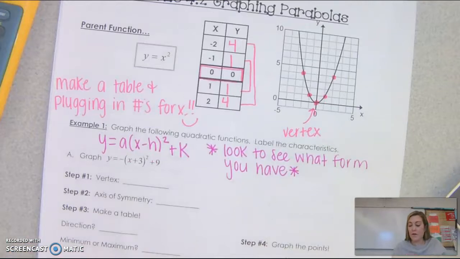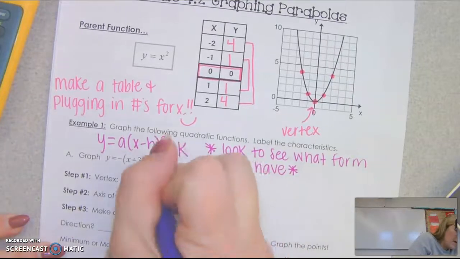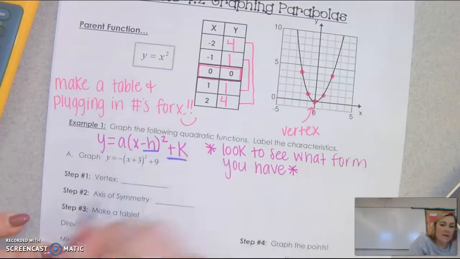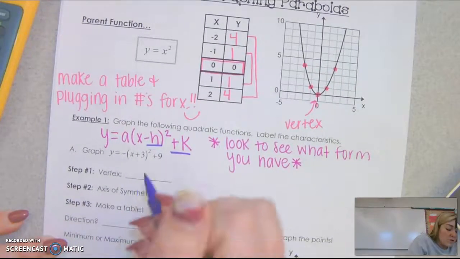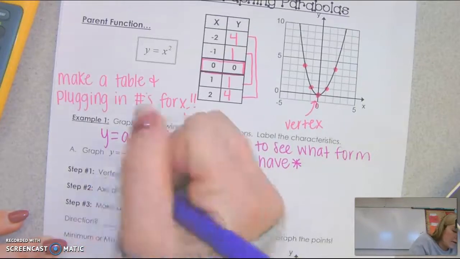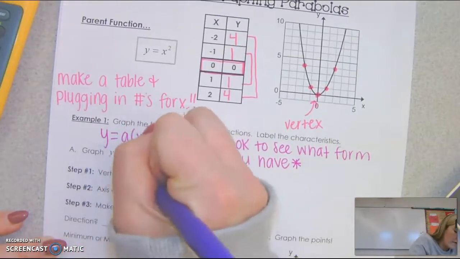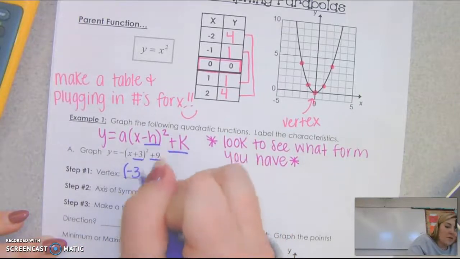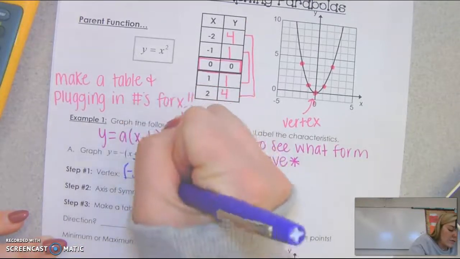The first thing that they want to know is what our vertex is. Remember, your vertex is the opposite of h, and k stays the same. So if the h in here is a +3, my vertex is going to be a -3. And then my k, the +9, is going to stay the same.